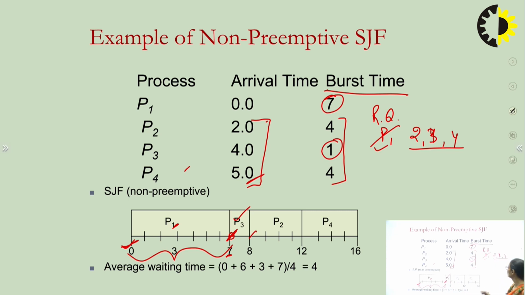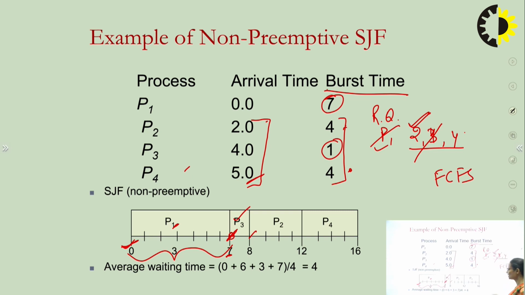Now P3 is out. So we have only 2 processes, P2 and P4. Their CPU burst times are the same, 4 and 4. So there is a tie in this case. Whenever a tie happens in the system, we resort to FCFS. So out of P2 and P4, which one is first?